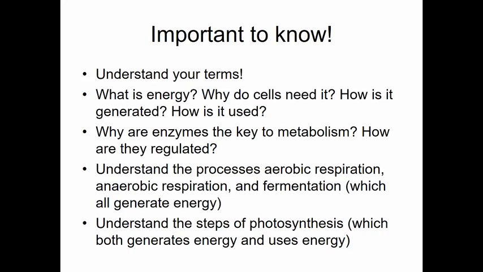All right. So, how we are going to get through this, okay? You want to understand what energy is. So this concept of ATP, this adenosine triphosphate, we're making this molecule. We want to understand why cells need it. Again, they all need an energy source because they have to make new compounds and grow and divide. If you have no energy, you're going to die.